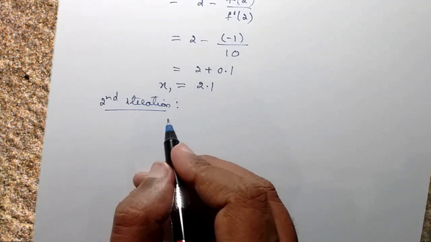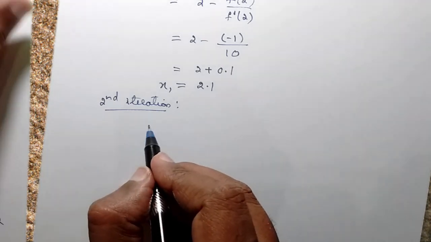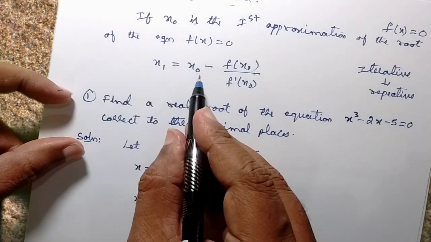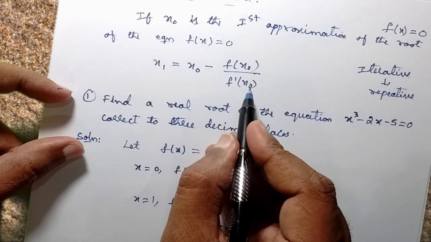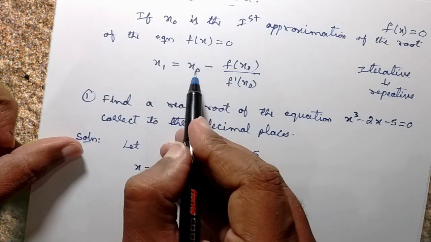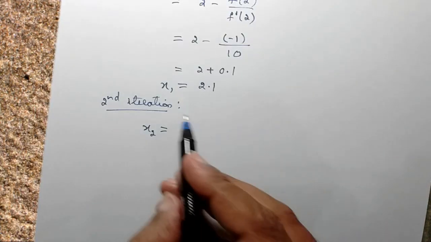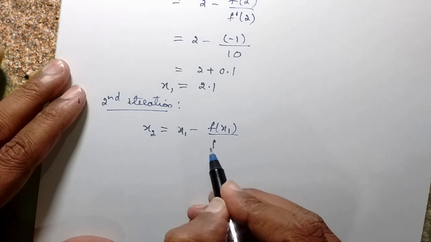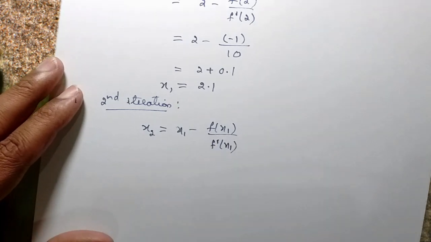So in the case of second iteration, we'll be getting x2. So now you have to just move one step ahead. This was x1 is equals to x0 minus f of x0 divided by f dash of x0. Now if you put x1 as x2, this will also move one step forward. x0 will become x1. So it becomes x1 minus f of x1 divided by f dash of x1.